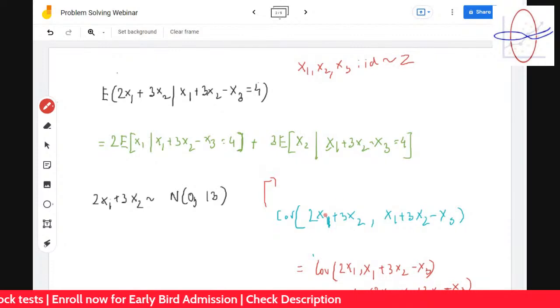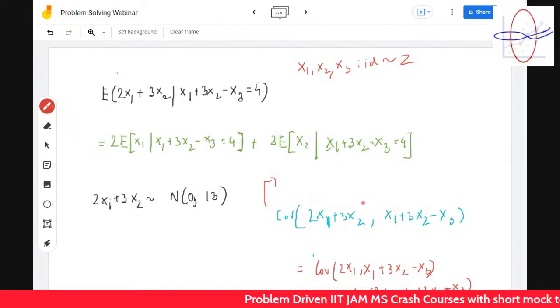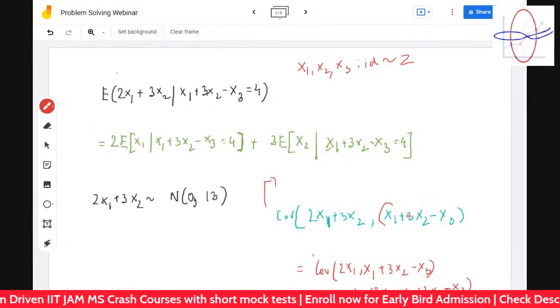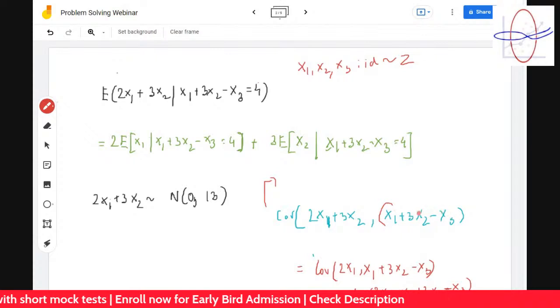Yes, sir. It's like multiplication: 2x1 with x1, 2x1 with 3x2, 2x1 with x3, 3x2 with x1, 3x2 with 3x2, and 3x2 with x3. Okay, so you already know that they are IID.